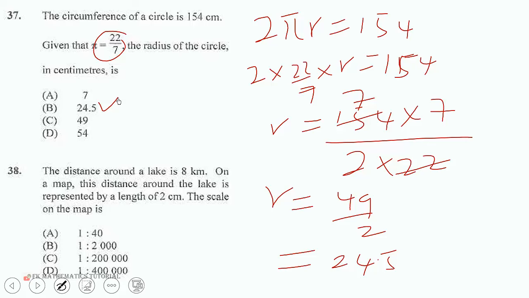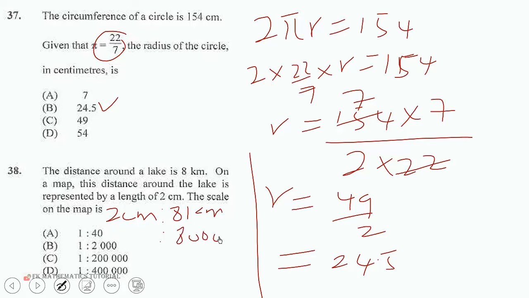The distance around a lake is 8 kilometers. On a map, this distance around the lake is represented by a length of 2 centimeters. The scale on the map is, so 2 centimeters is to 8 kilometers. Now 8 kilometers is the same as 8,000 meters, because 1,000 meters gives a kilometer.